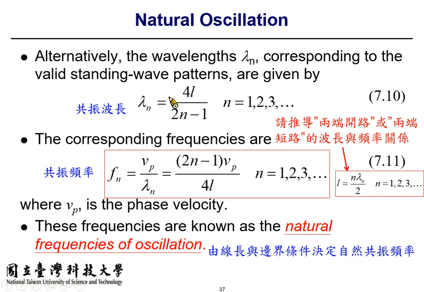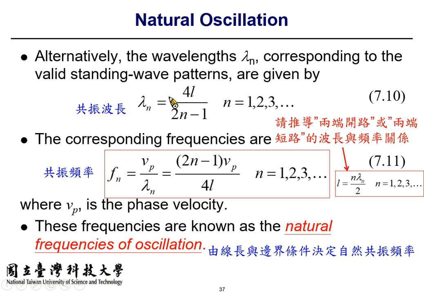You substitute lambda n with equation 7.10, and you end up with the resonant frequency expression. If you substitute n with 1, 2, 3, you will find that higher order mode frequencies will be at multiples of the fundamental frequency.